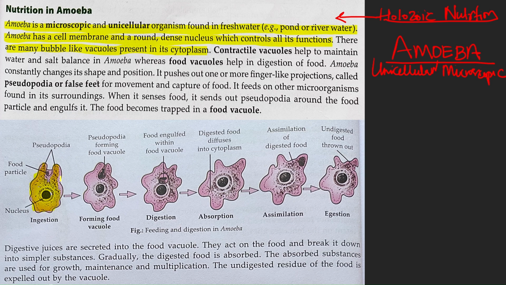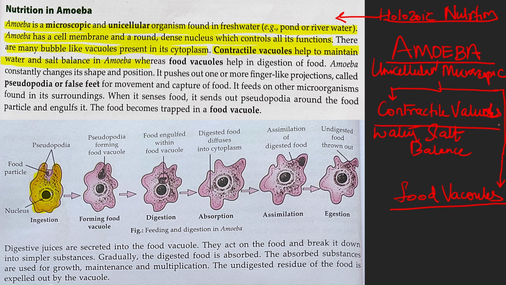This amoeba has contractile vacuoles and food vacuoles. So what does a contractile vacuole do? Contractile vacuole helps to maintain water and salt balance in amoeba. And then next come the food vacuoles. Food vacuoles help in digestion.